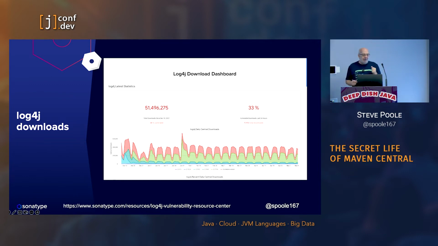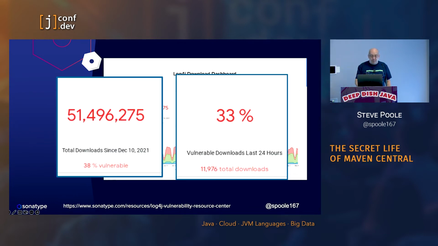Yes, okay. We have a dashboard. This is data from Maven Central for Log4j versions. And let me bring the numbers up. Okay. So since 10th of December, when this all hit, 51 million downloads of a Log4j version, right? 38% vulnerable.